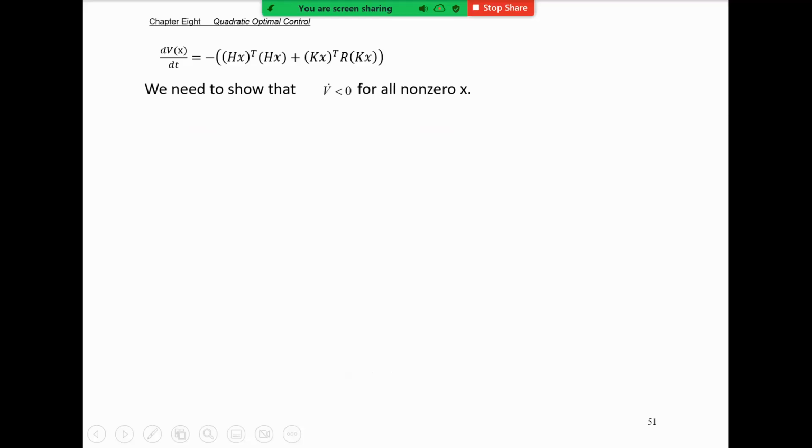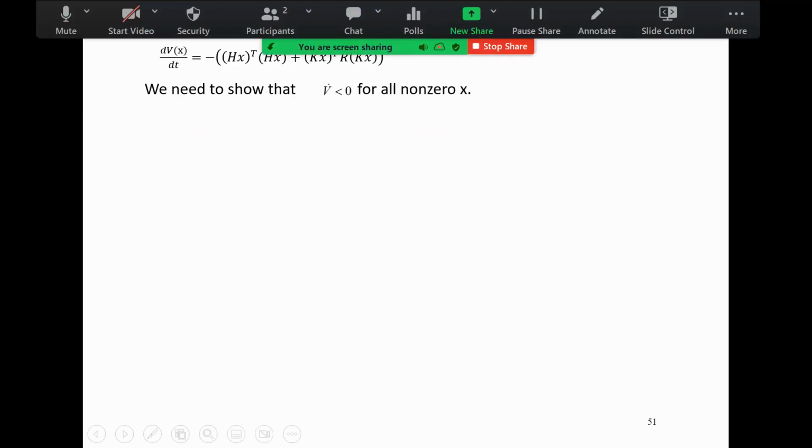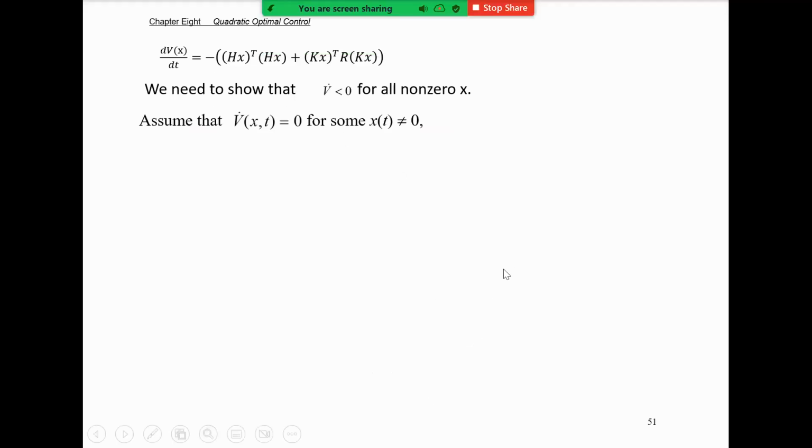Now we know this V dot is less than or equal to 0, but we also want to show that if x is not 0, then it is decreasing, so V dot will be less than 0. Now let's prove it by contradiction. We assume that x is not 0, and that for some such x it makes this change rate 0.